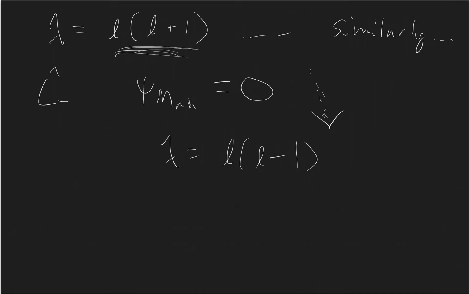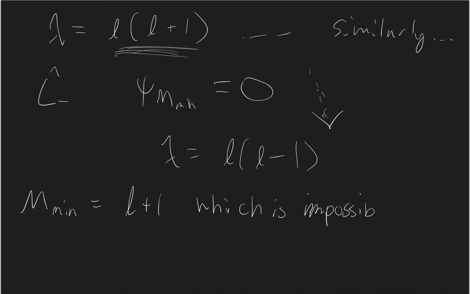And so this quadratic equation here will have two solutions for the L min, okay? And so L min should be equal to L plus 1, which is impossible.